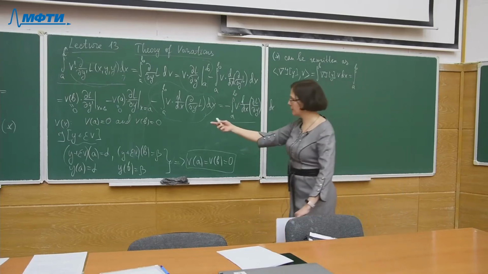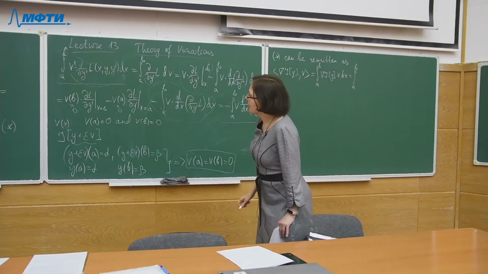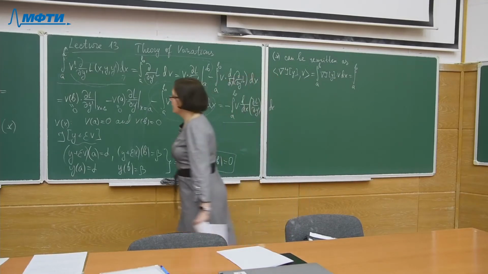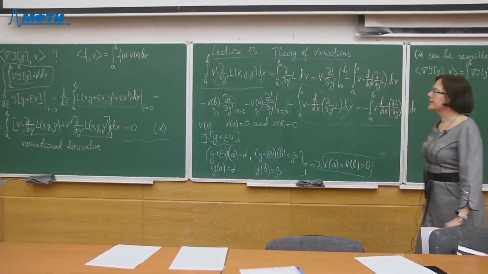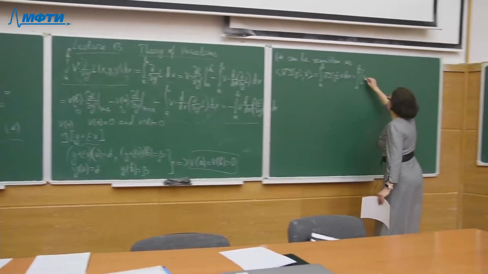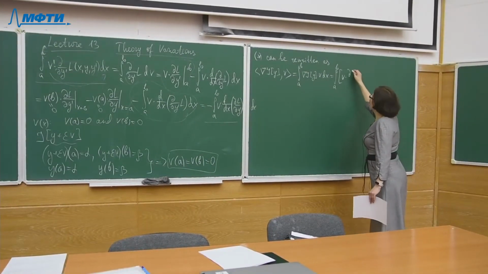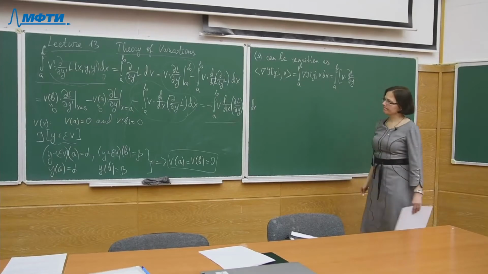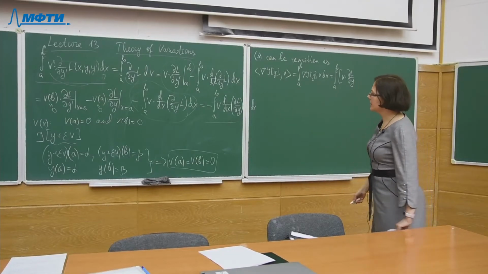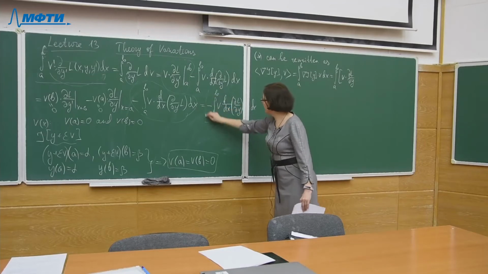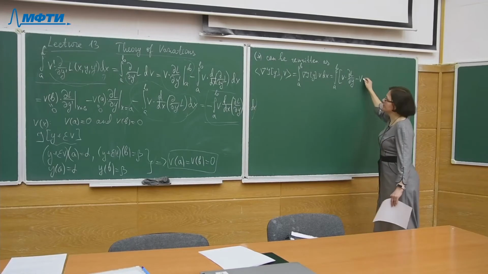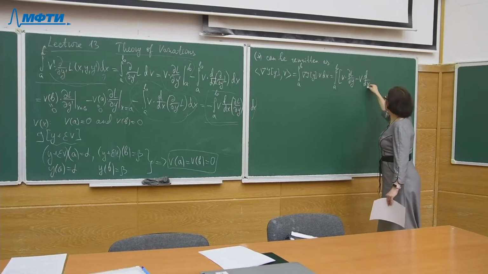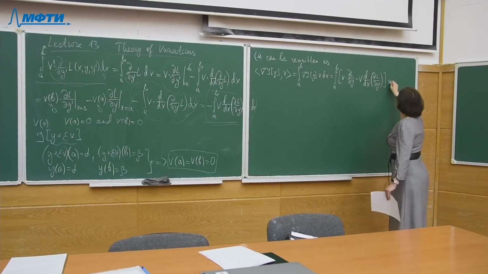And now we will substitute; we will look at the formula, the formula asterisk, and it is equal to v times dL over dy. But the second summand can be replaced by the function of this form: minus v times d over dx of dL over dy prime, dx.